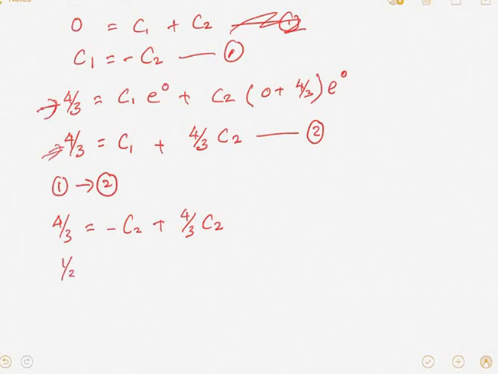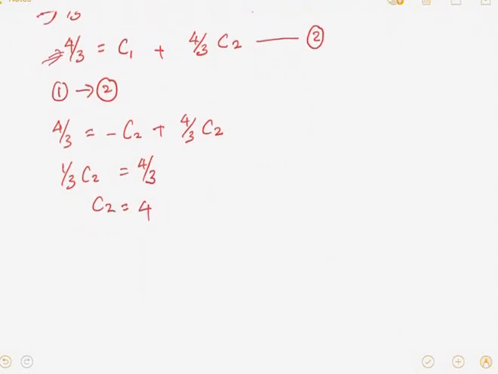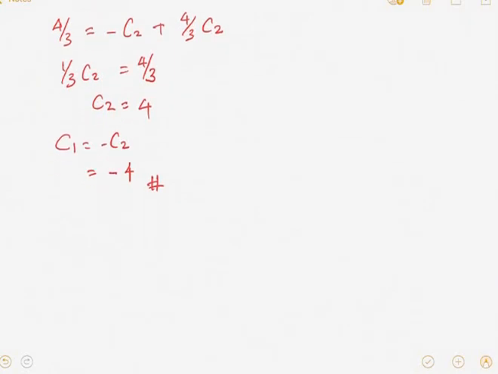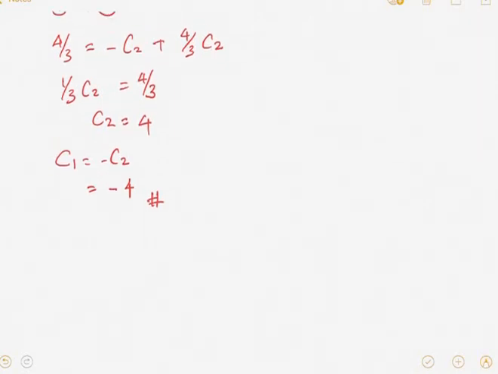You will get c2 equal to 4. And then you substitute the c2 value into equation 1, so c1 equal to negative c2, and then you have negative 4. So you know that c1 is negative 4, c2 is 4.